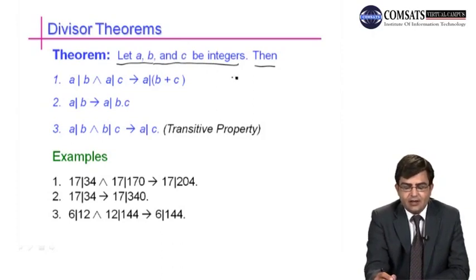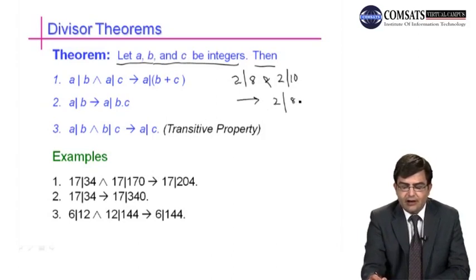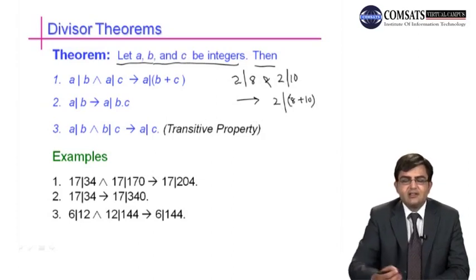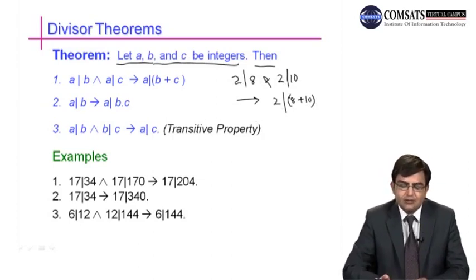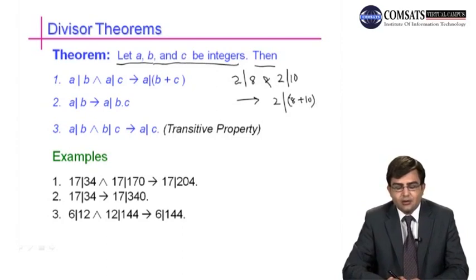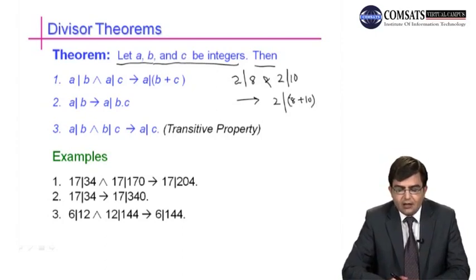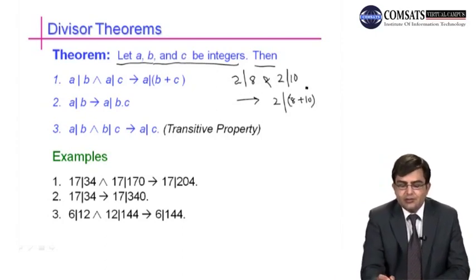For example, if 2 divides 8 and 2 divides 10, this implies 2 divides 8 plus 10. So this result is universally true, or you can say this result is true for all integers. Here we can see that if 2 divides 8 and 2 divides 10, obviously 2 4s are 8 and 2 5s are 10.